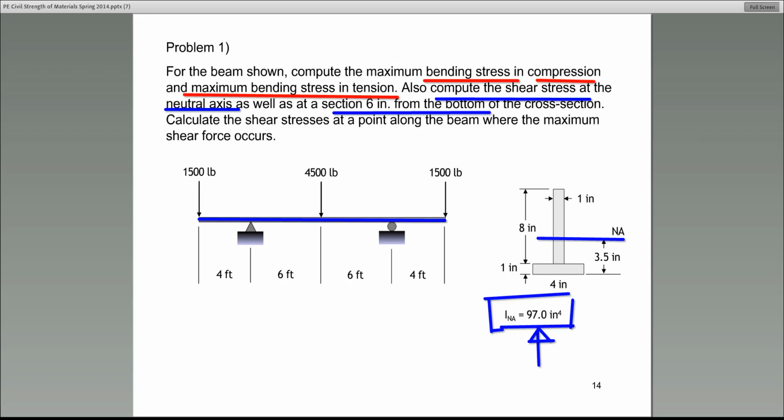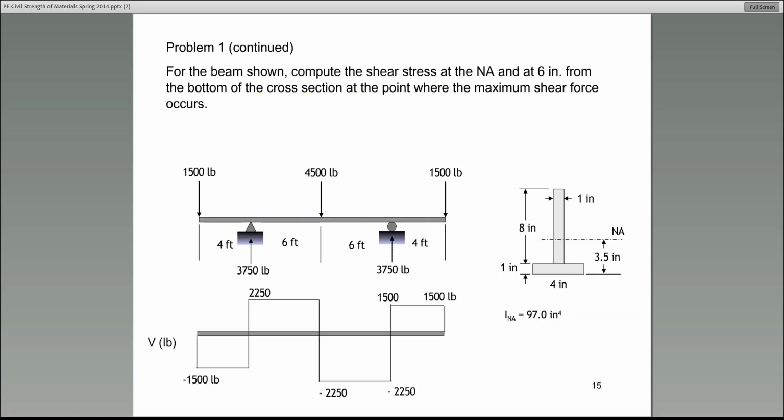All right, let's start with the first part of this problem, and the part that I have underlined in red: finding the bending stress in compression and the bending stress in tension. All right, on slide 15, what I have shown is the shear diagram.